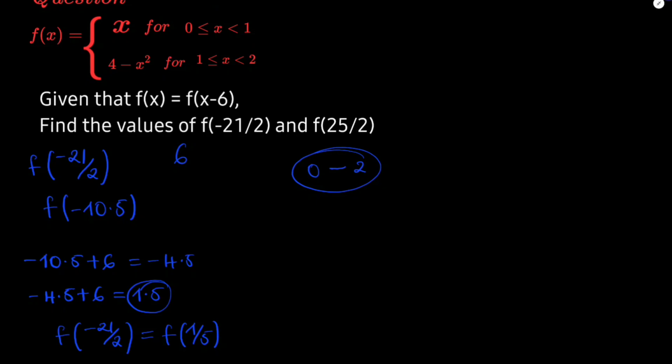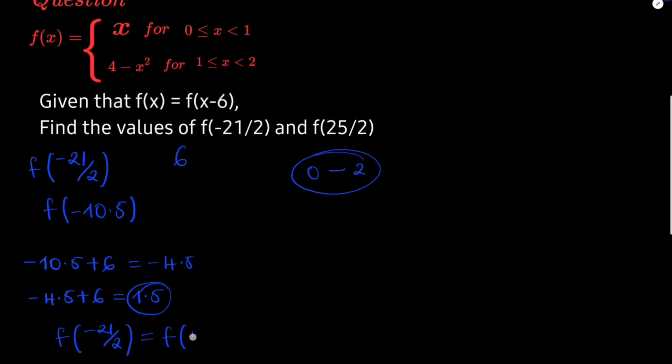Let's take the first range. 1.5 is greater than 0, and 1.5 is not less than 1, so we cannot use this first case.